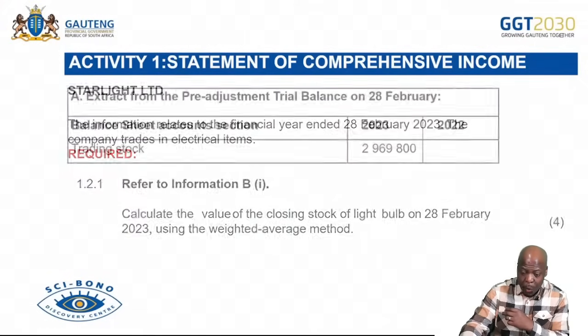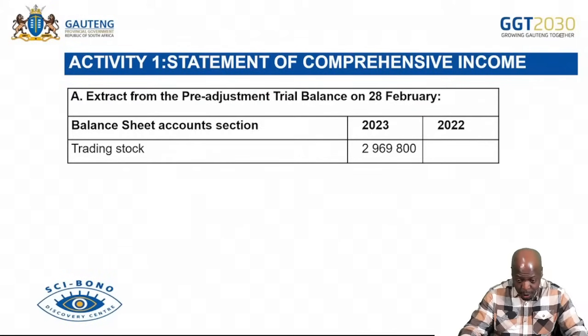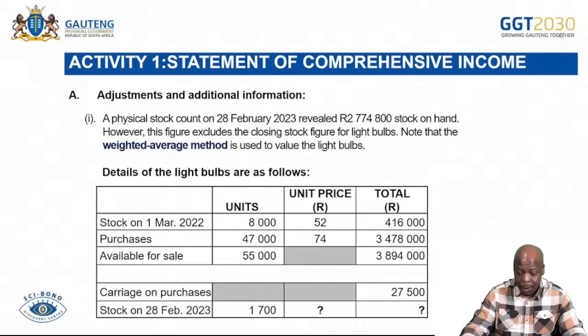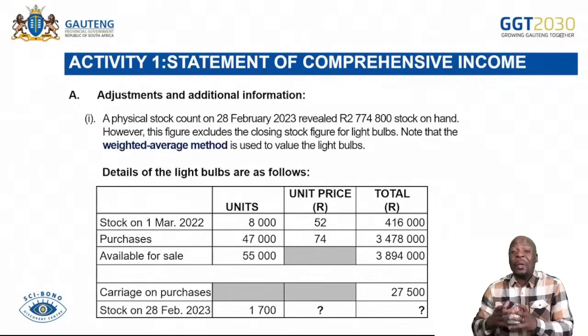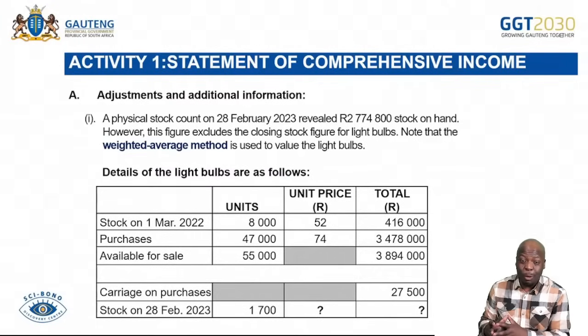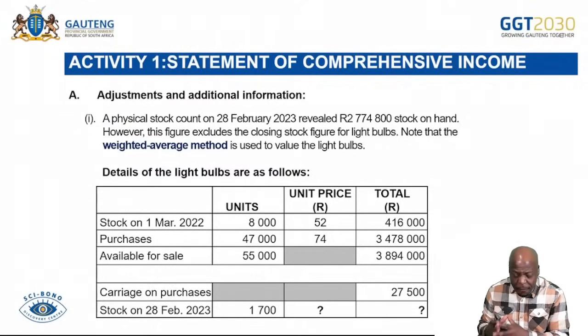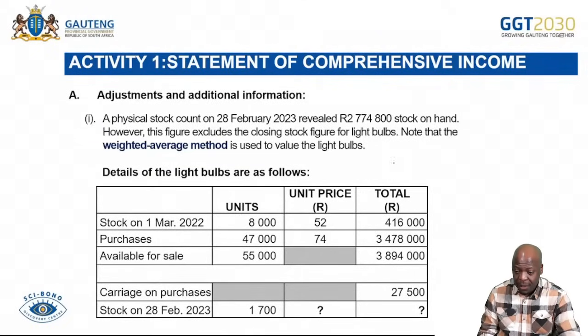So here we are going to calculate the value of closing stock. And here is the information that we're given. You need to have your pen ready and somewhere to write because we're going to be doing a lot of writing. It says, number one, a physical stock count on 28 February revealed 2,774,800 stock on hand. However, this figure excludes the closing stock figure for light bulbs.